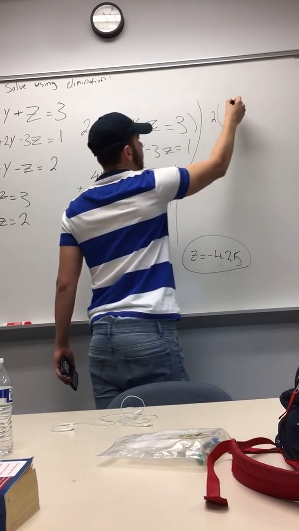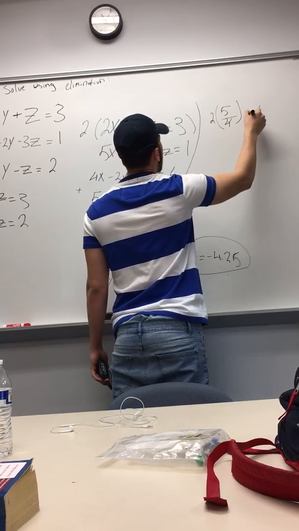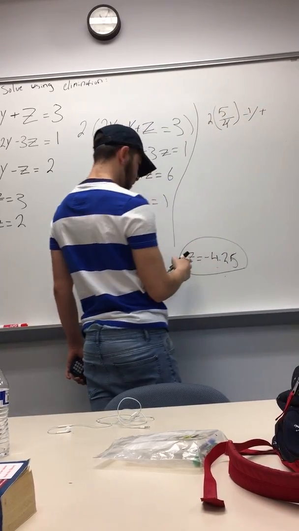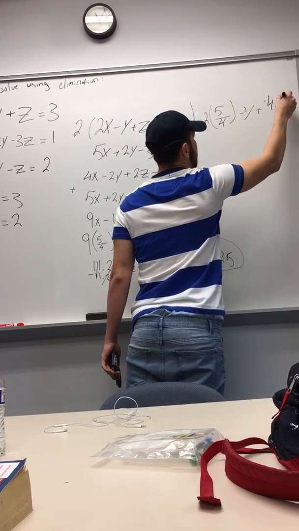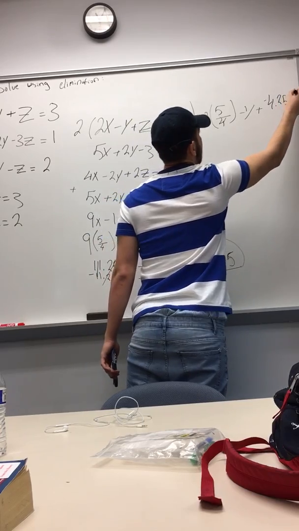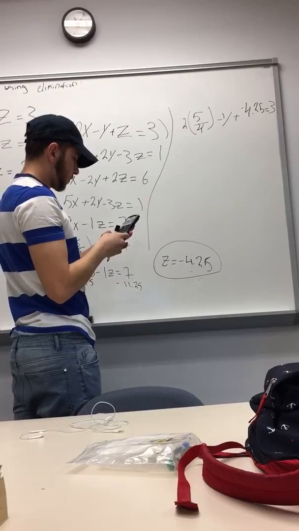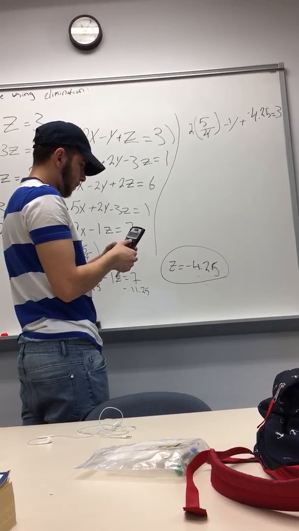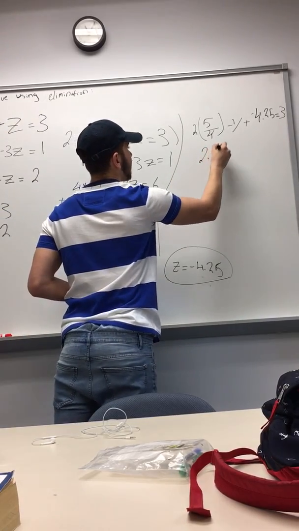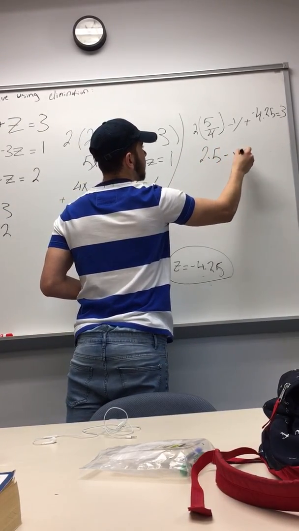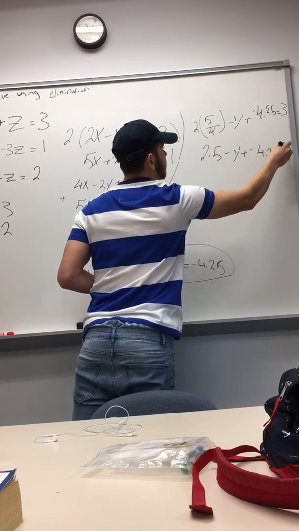5 over 4, and then minus y plus z, negative 4.25 equals 3. 2 times 5 over 4 equals 2.5, minus y plus negative 4.25 equals 3.